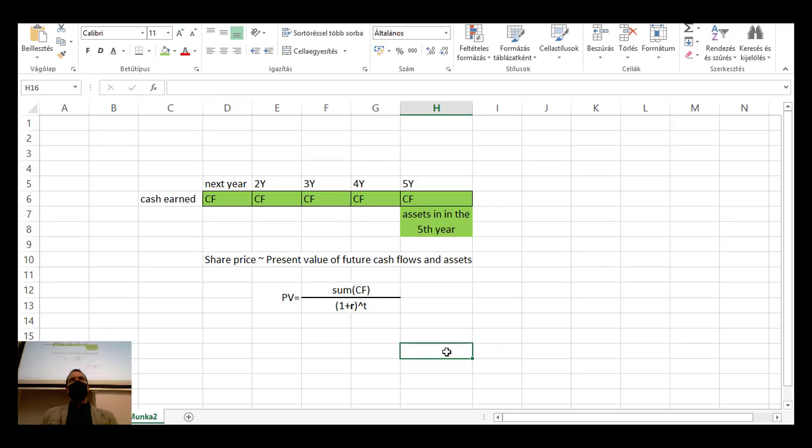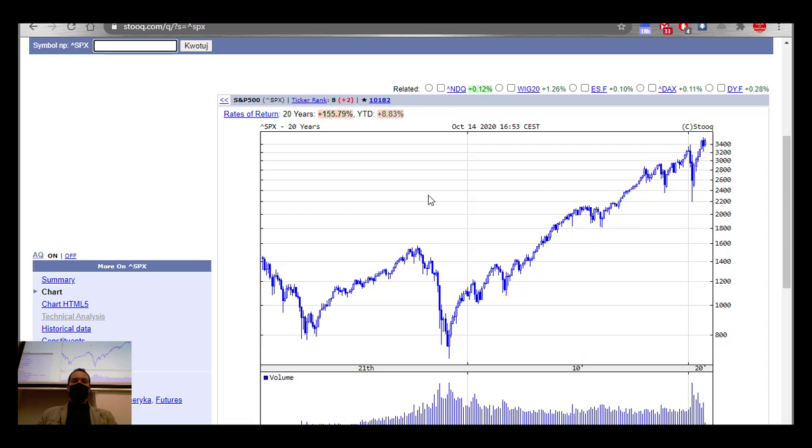What is also really important here is that stock markets are valuing the future, not the past. Maybe the company had a really successful history in the past, but it doesn't matter from the stock market point of view. They are always focusing on the future.